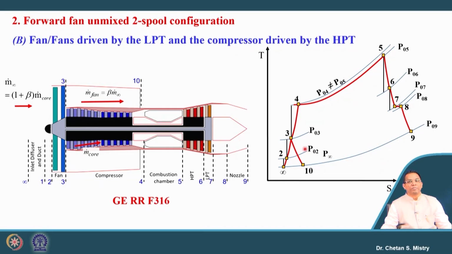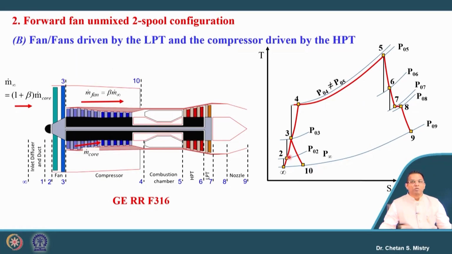So, if you look at it clearly, this diagram is similar to what we have discussed in the earlier case. But be careful, here we have a different engine configuration, where my LP turbine is used to rotate only the fan, and all my compressor stages are rotated by the HP turbine.